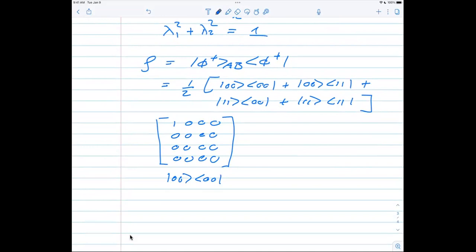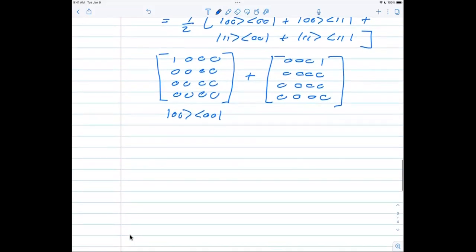Then we have the other matrices, and one of them is going to be 0, 0, 1 and then zeros. This is not very exciting, but I'm writing out all the possibilities. The third one gives us 0, 0, 0, 1.